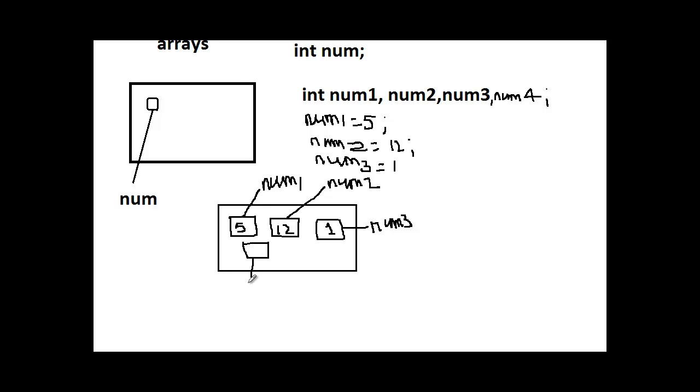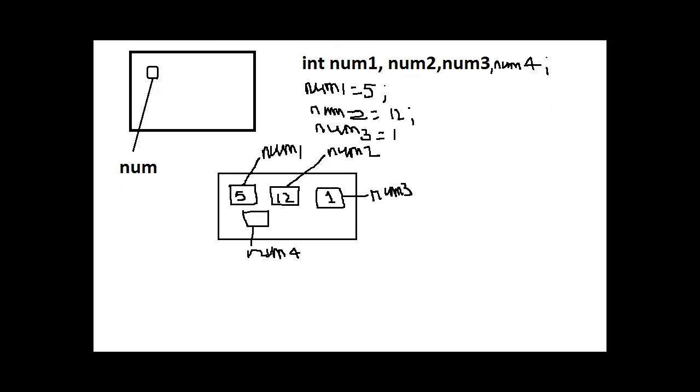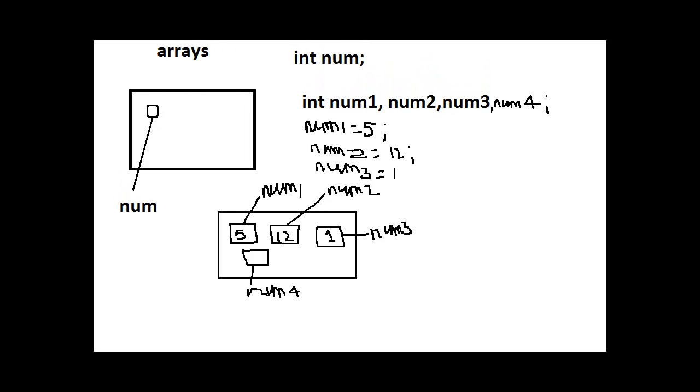So variables declared like this can be created anywhere in the RAM. When we have a limited number of variables, this works fine.